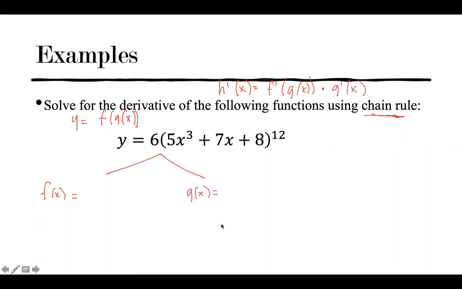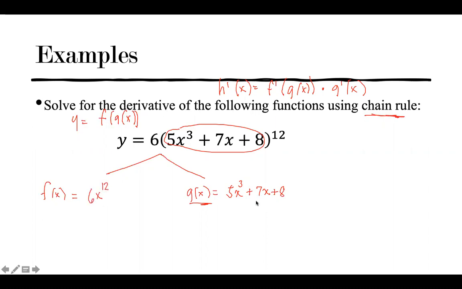In this function, our g of x is the function inside. It's the one being substituted into the domain of our outer function, which is f of x. So that is why we can conclude that this is our g of x, the one being substituted. We can say that our inner function, 5x cubed plus 7x plus 8, is our g of x, and our f of x is 6x to the power of 12.